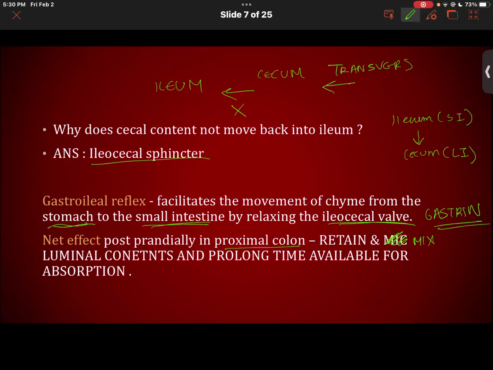Because in the proximal colon, you have which type of contraction? You have segmental contraction, also known as haustral contraction, or also known as non-propagating contraction. This contraction obviously causes mixing and absorption of food. So in the proximal colon, you have segmental contraction, which prolongs the time available for absorption of food.